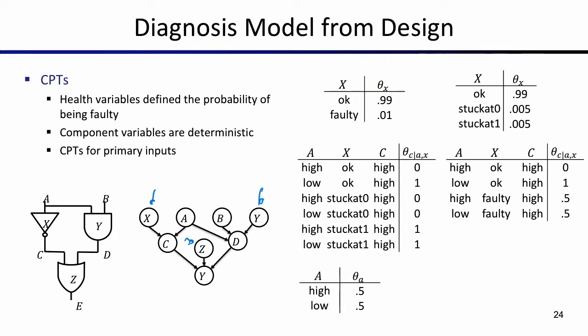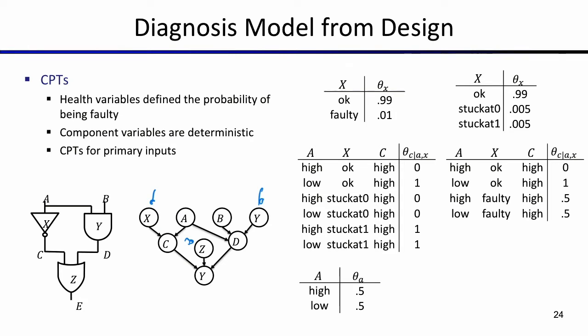We see that they have no parents. So basically what those variables will tell us is the probability of those gates being faulty or being okay.